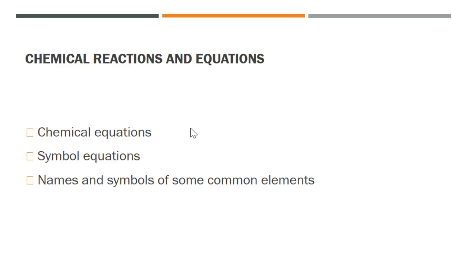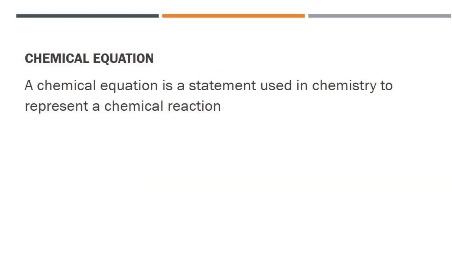You've done this in class 9 as well, but we are going to do it in class 10 also. What are chemical equations? What are word equations? What are symbol equations? And we are also going to do names and symbols of some common elements. So without wasting any time, let's begin.